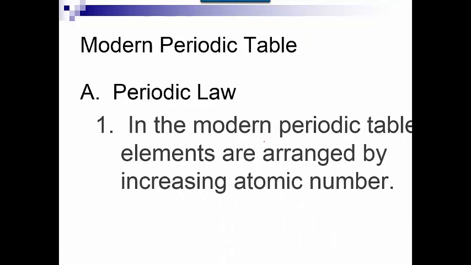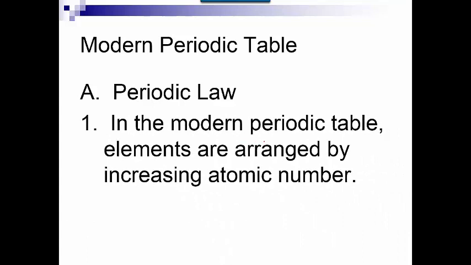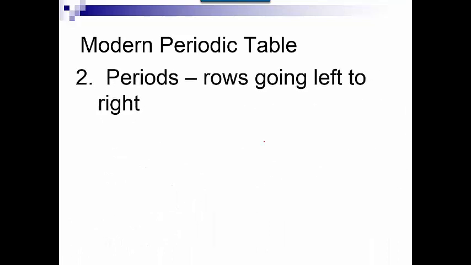The current periodic table, we have a periodic law, and this means that the elements are arranged by increasing atomic number. So we've talked about that from the last chapter, how they're arranged by atomic number. And we also have what we call periods. These are the rows going from left to right.